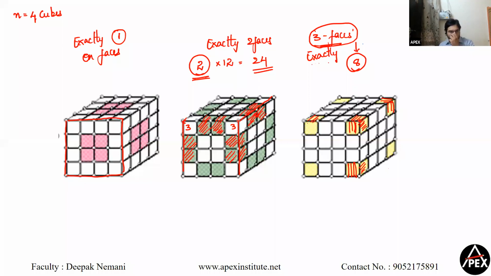If I consider this front face, the cubes at the corners will have 3 faces painted. These 4 are at the corners, so they will be having exactly 3 faces painted. Now these cubes are on edges, so they will be having 2 faces painted.